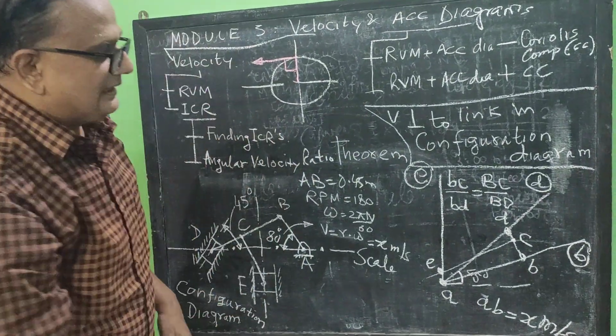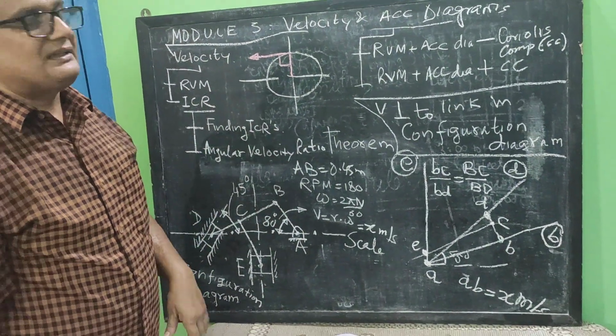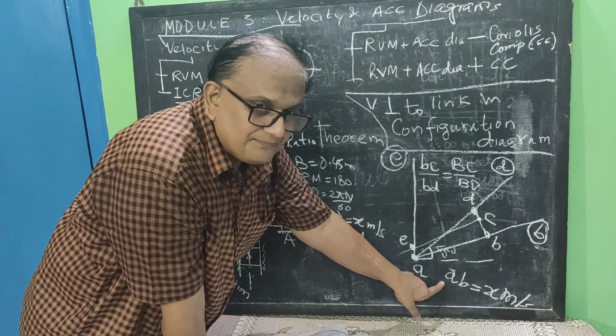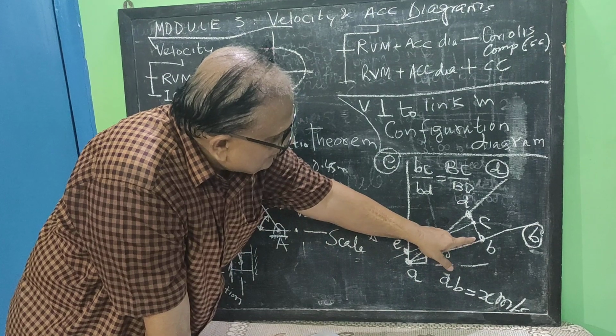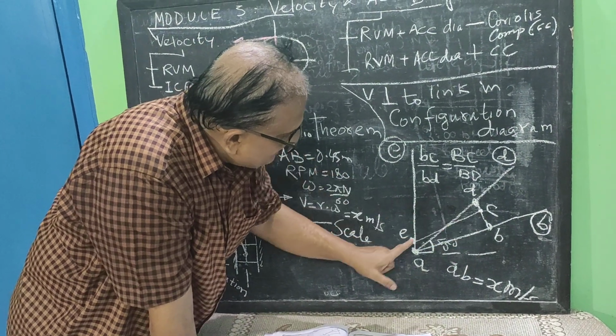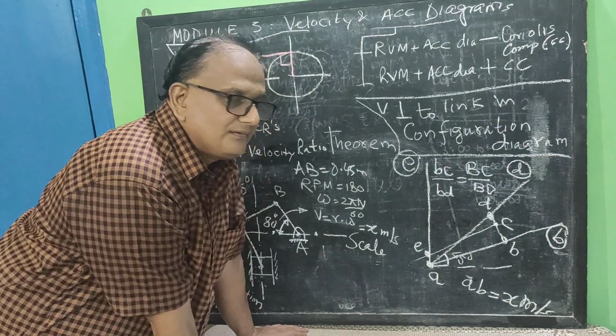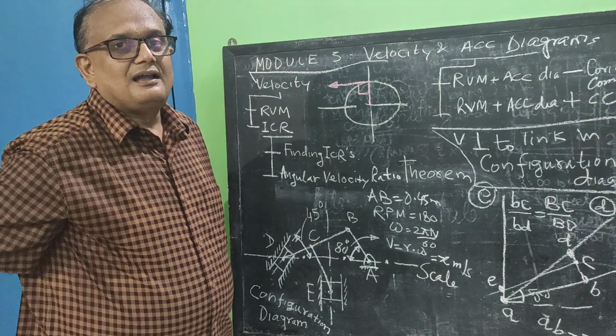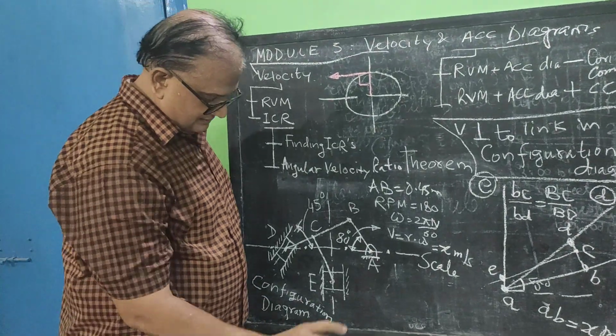Okay? That's it. This is our relative velocity method, and this is the diagram. And whatever scale you have followed here, using that scale, you can find out the velocity of BC, the velocity of BD, the velocity of link C. Just measure them, multiply by that particular scale, and you will have the value. Right?